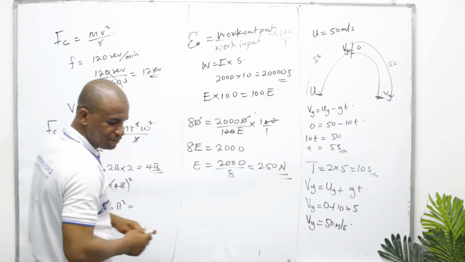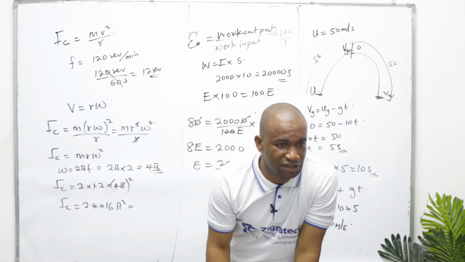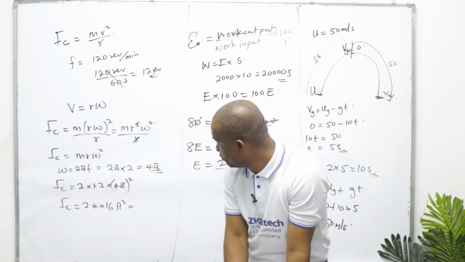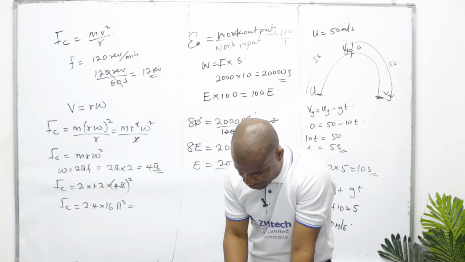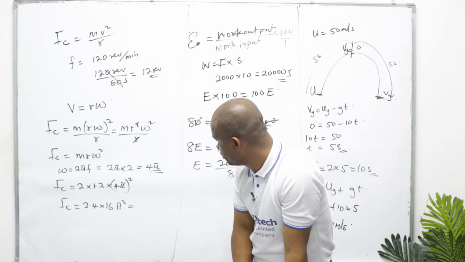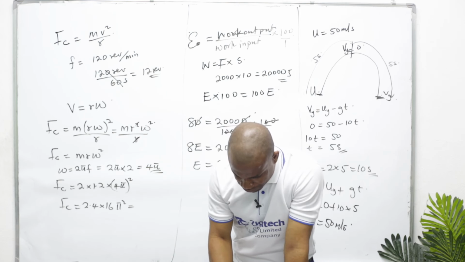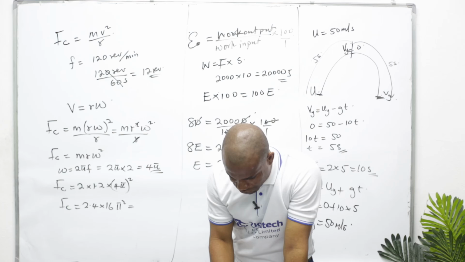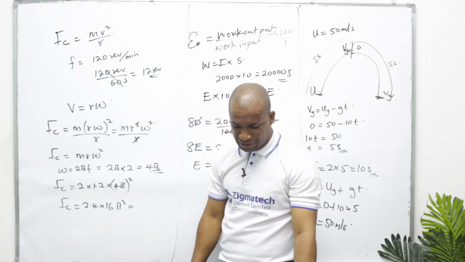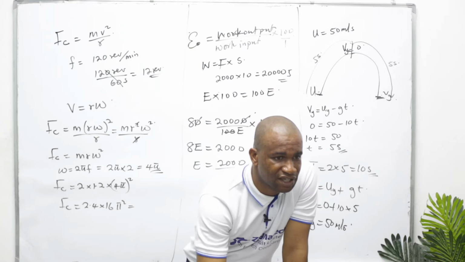If you use your calculator very well, it is 2.4 times 16 times 3.142 times 3.142, which is approximately 379. The answer is C.